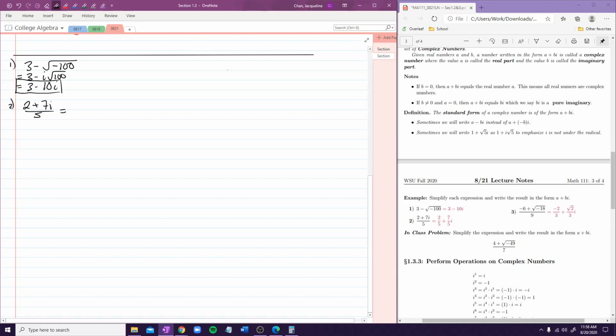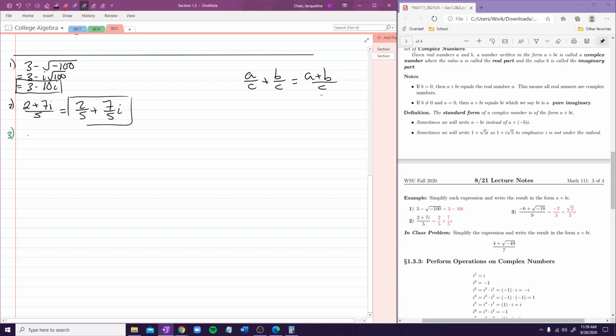You know when we have a over c plus b over c, then this can be a plus b over c. This is the exact same, but what we're doing is reading it from right to left. So I can rewrite this as 2 over 5 plus 7 over 5 i. I'm just going to pull out the i in the front so we can clearly see what b is. And this is our answer.